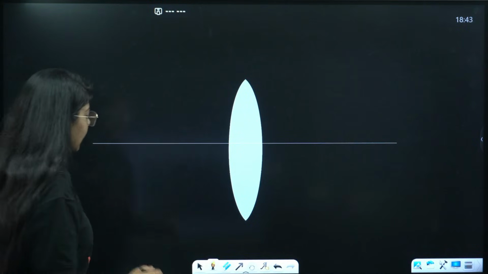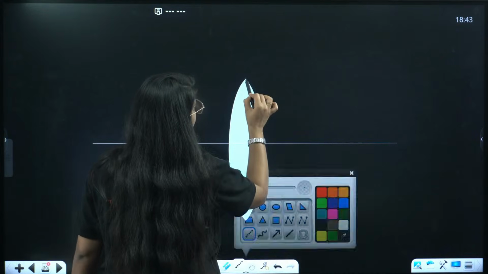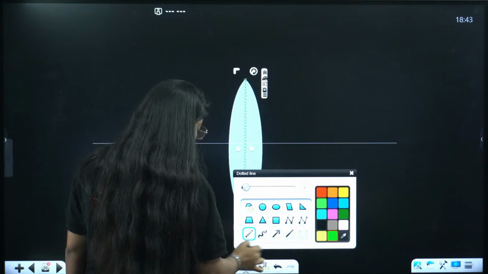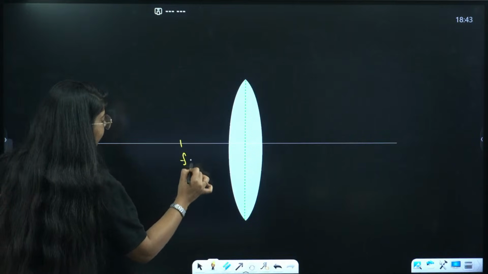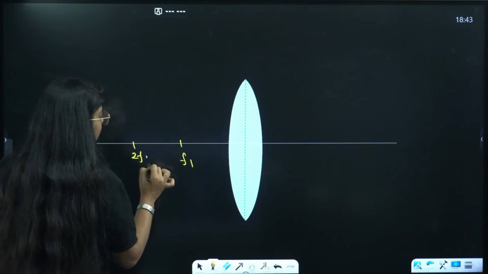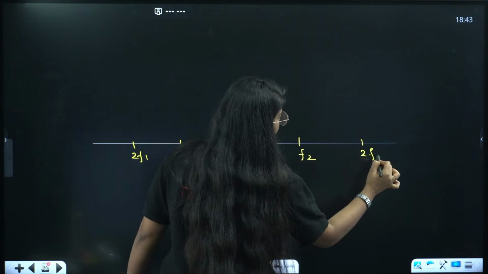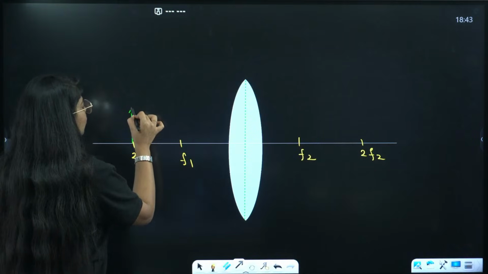खतरनाक. चलो इधर देखो, जल्दी जल्दी देखो. चलो, क्या करना है? First we'll write the focuses F1, 2F1, F2, then 2F2. The object is at 2F1.